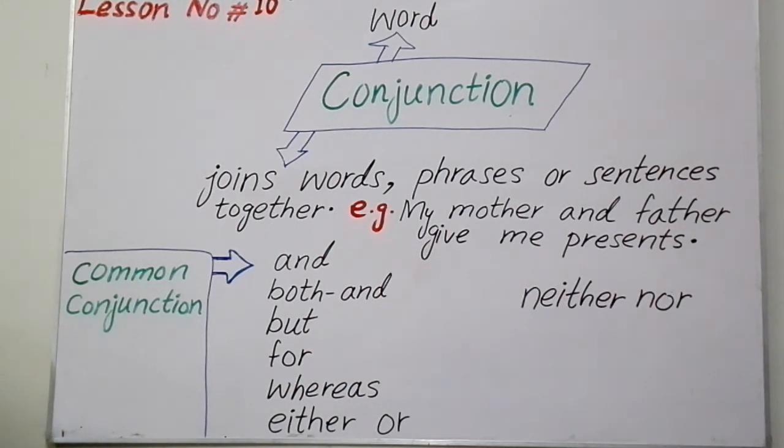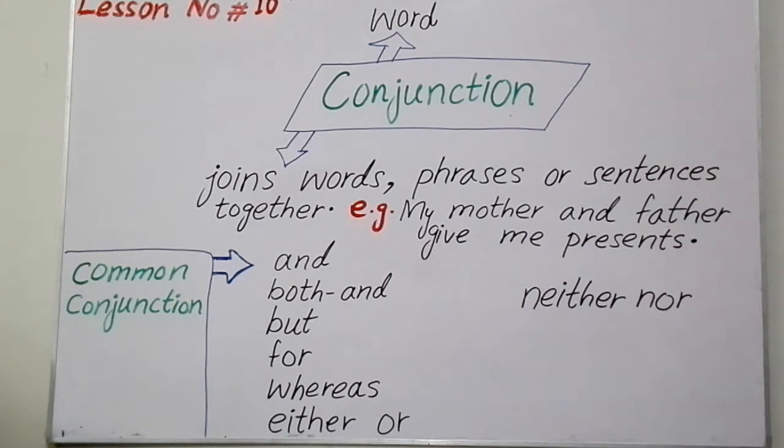Here are some common conjunctions like and, both and, but, for, whereas, either or, neither nor. As you know, we use the word and to join two sentences. And both we use to say two people or two things.